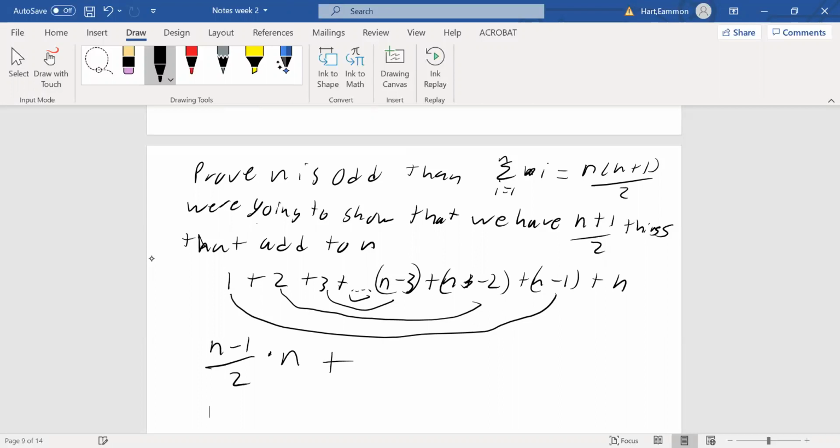But we also still have this n hanging out over here. So what is that? We have to make these some common base. So that's n minus 1 over 2 times n plus 2 over 2 times n, which if we shove that together, that's going to give us n plus 1 over 2 times n.